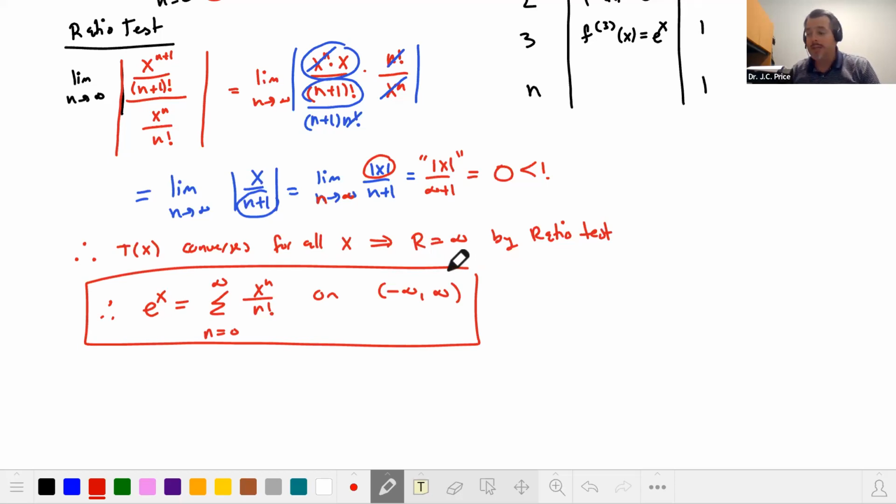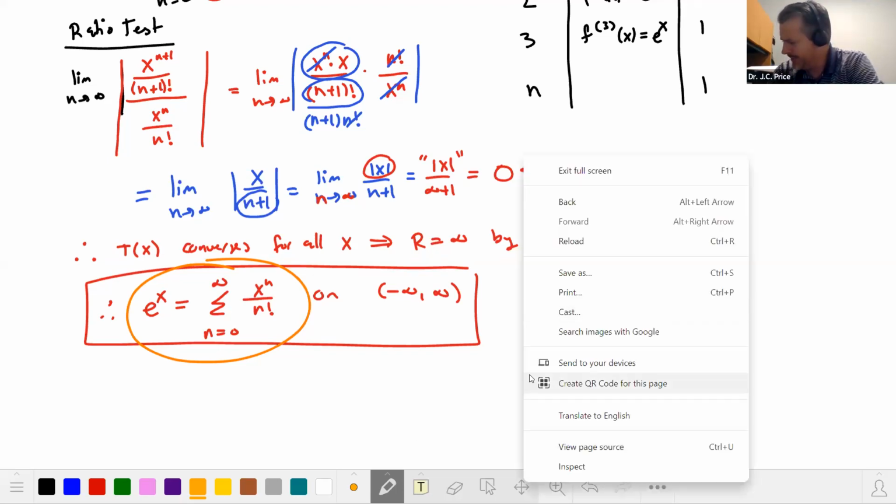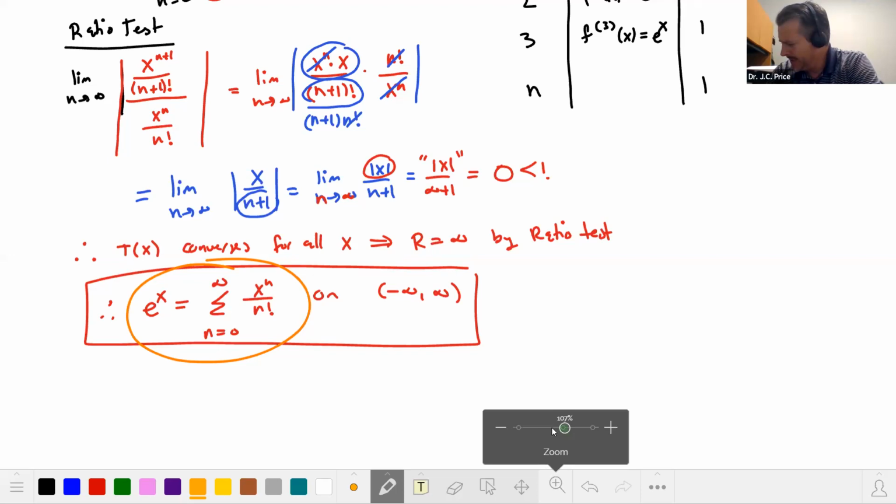Right, so this one's really nice. It has a Taylor series representation that's equal to the actual function for all values of x. And sometimes in some textbooks, you can take this as your definition of e to the x. So let me zoom out a little bit so we can see the big picture on this one, because this one's nice. And it's a famous one.